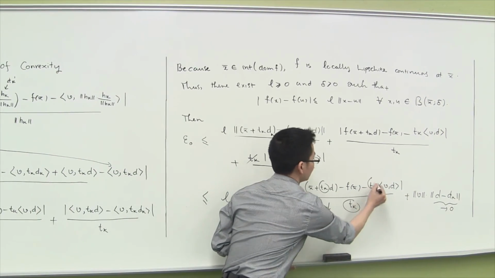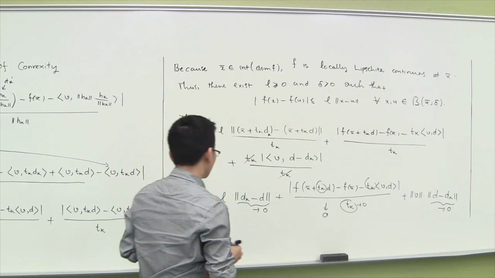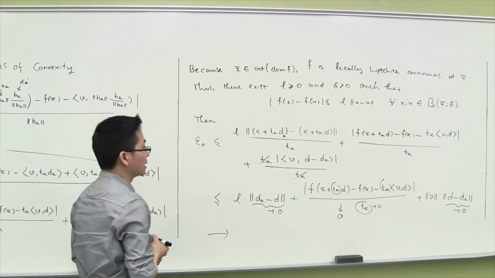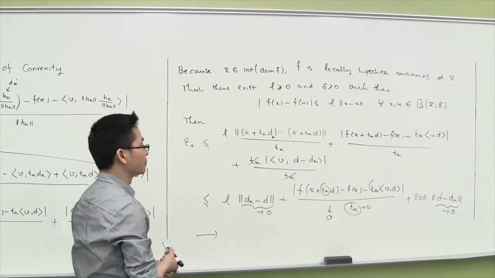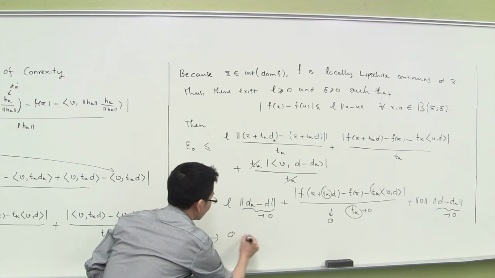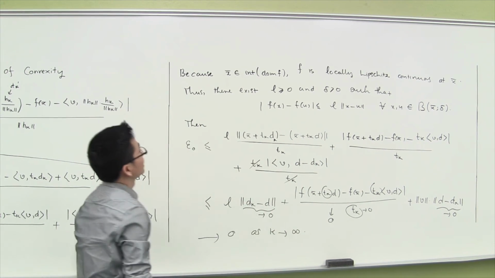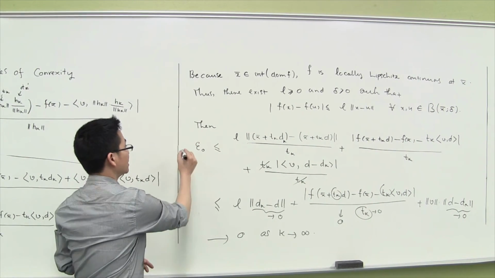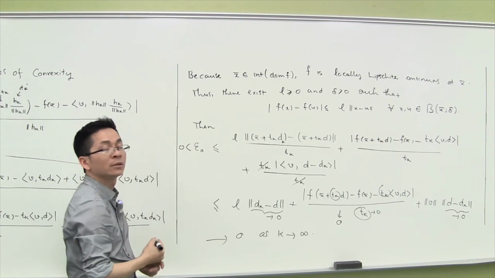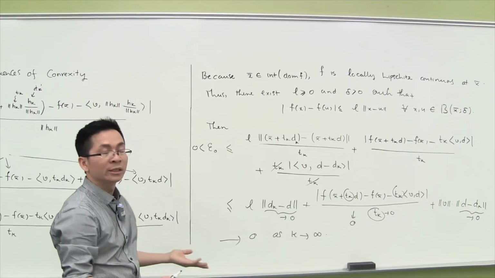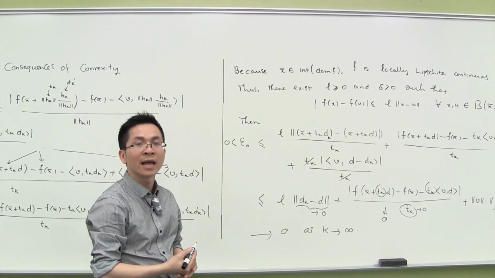Okay. So this sequence, the sum of three sequences, converges to 0 as k approaches infinity. And here epsilon naught is a positive real number, so we have arrived at a contradiction.